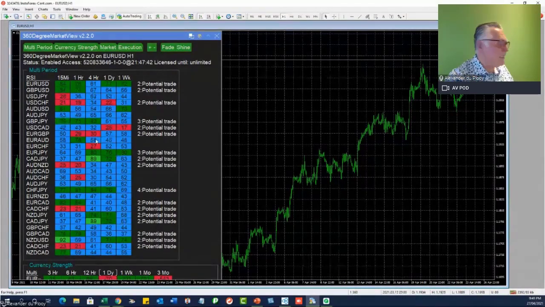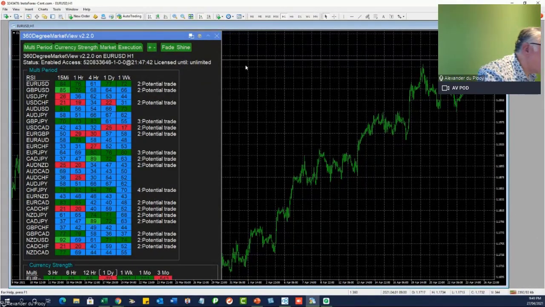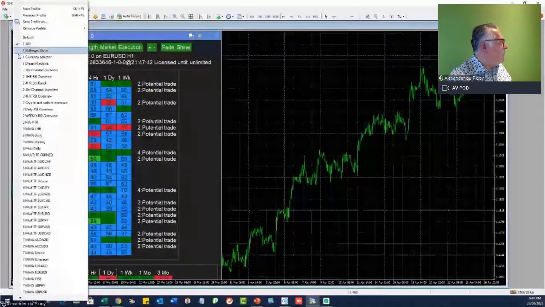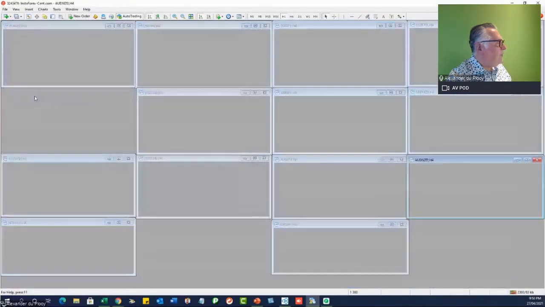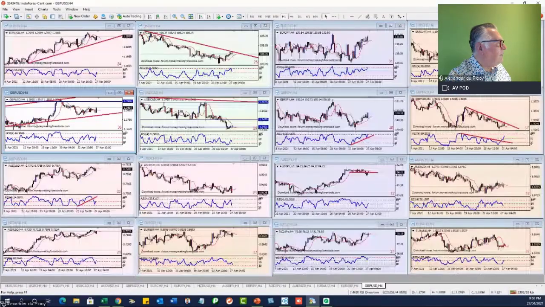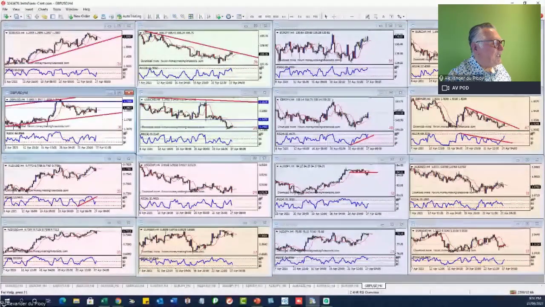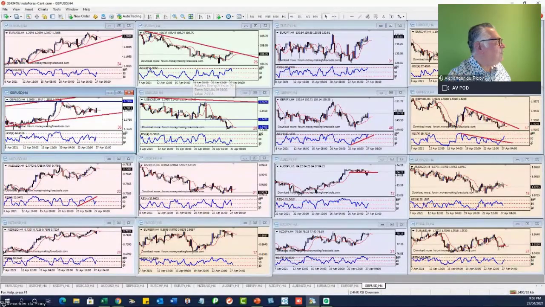We're going to be looking at those particular ones, and then what I would normally do is move on to the 4-hour RSI overview charts. And those, although you might find them pretty small and difficult to potentially read, what I'm looking for, firstly, are those RSI shapes that I was talking about.